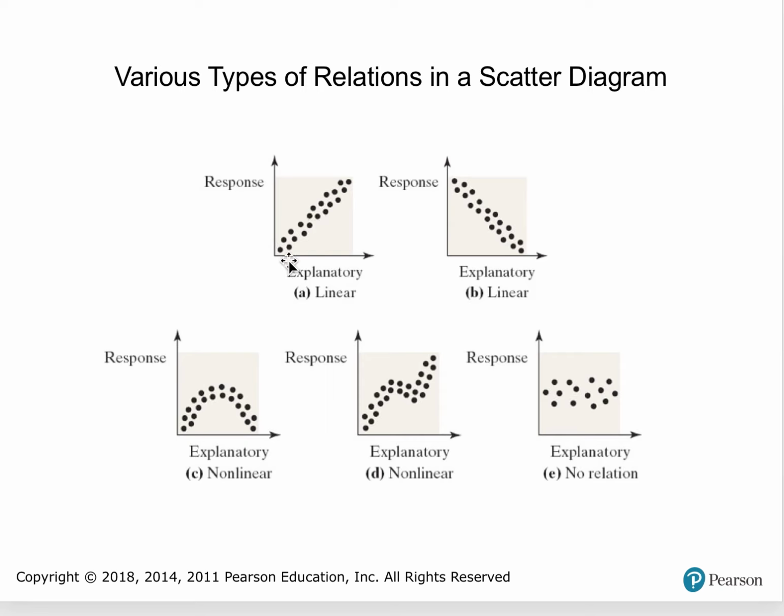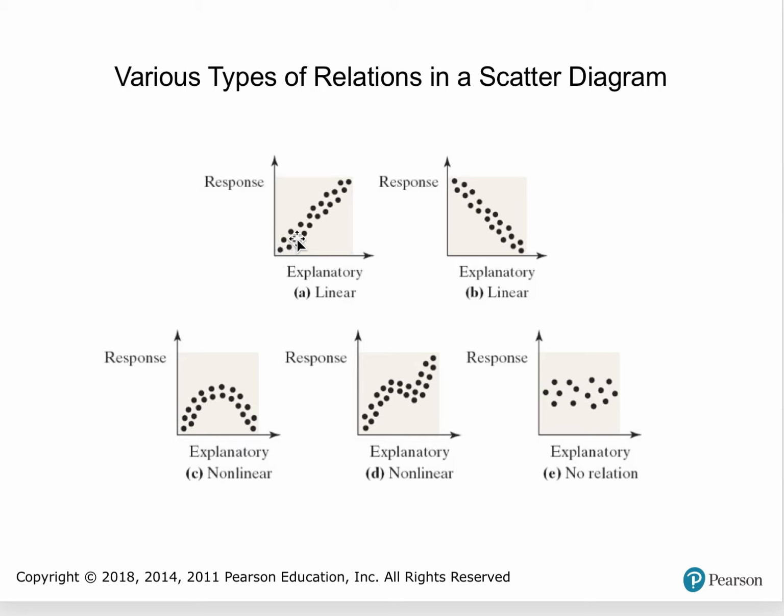Notice linear relation is implied, another linear relation, because all your dots sort of form a line, right? Linear. This looks like there's definitely some kind of correlation, some kind of relationship, but it's not linear. They're not making a line. Same thing here, okay? And that's just, they're just kind of spread all over, okay? So notice the difference between the two linear, and that's what we're interested in right now, the linear relationships.